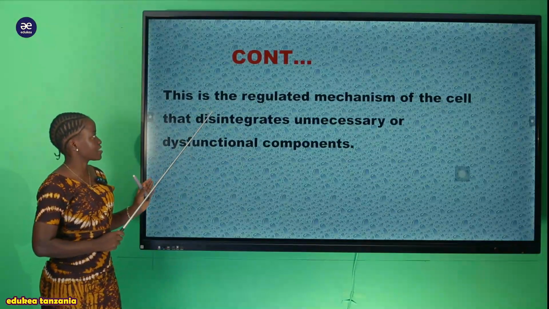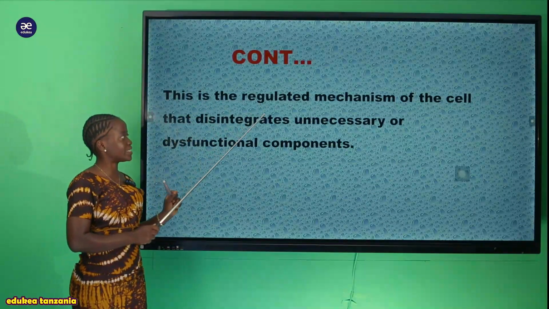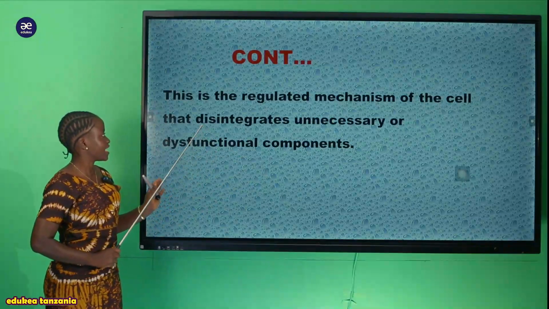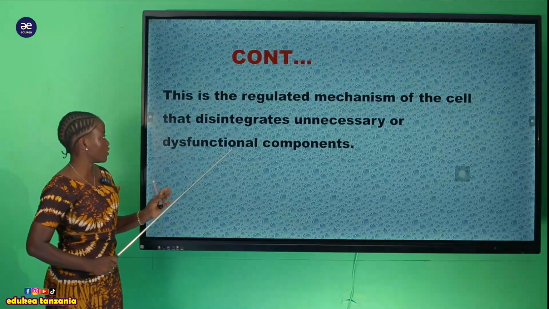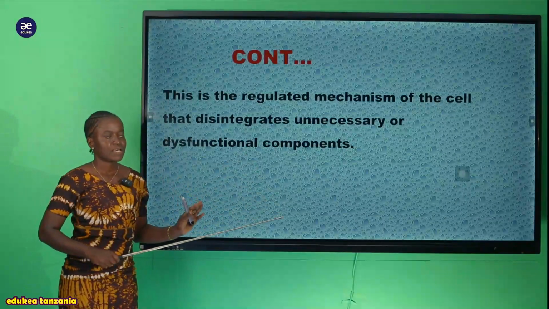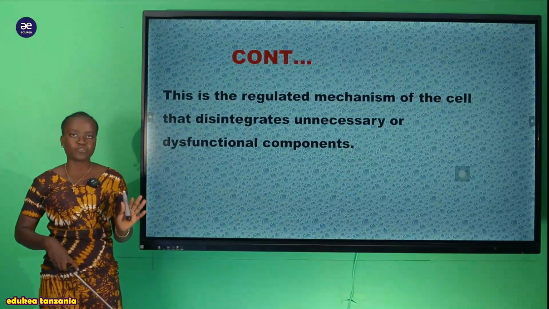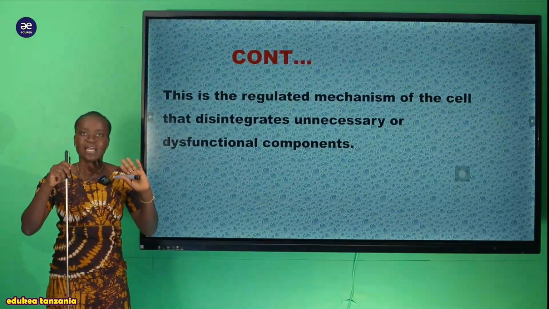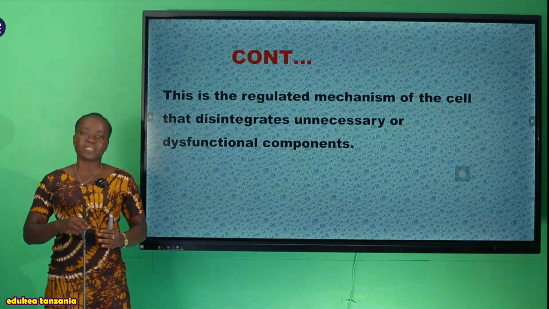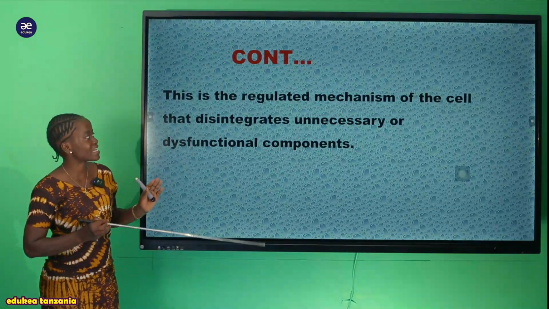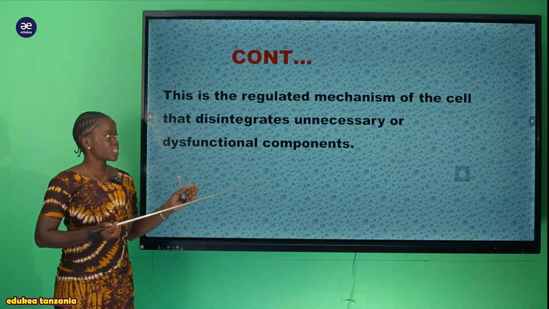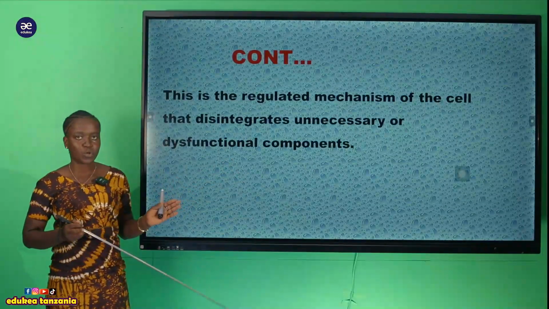So this is the regulated mechanism of a cell that disintegrates unnecessary or dysfunctional components. So hii mechanism ya autophagy inayotokea within the cell of any living organism, tunasema kwamba inasaidia sana disintegration of unnecessary or dysfunctional components.